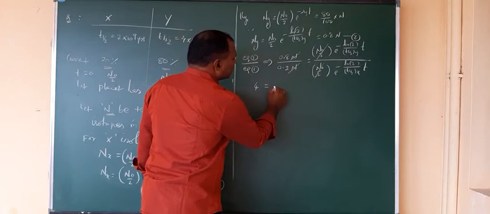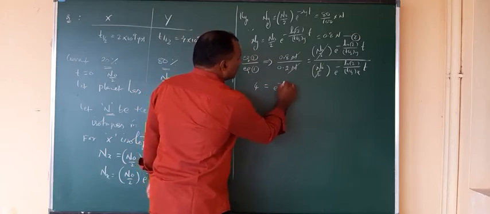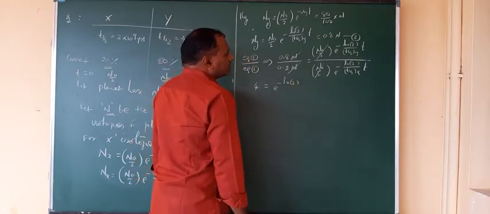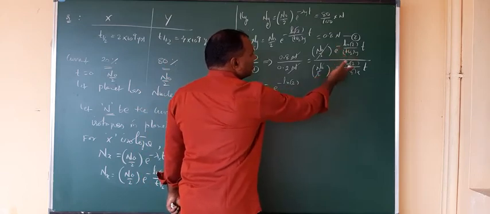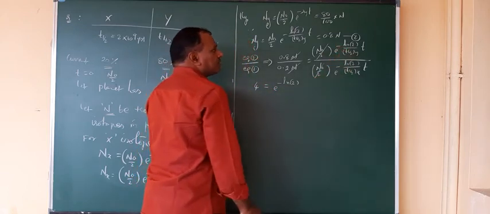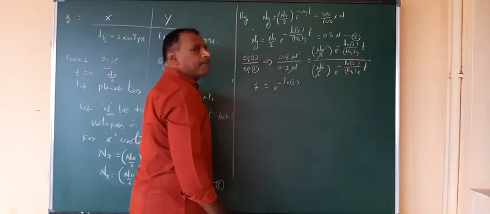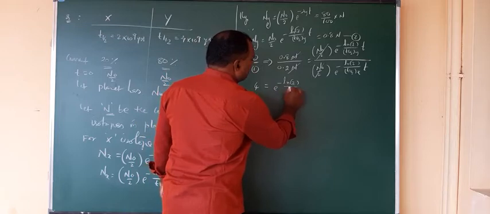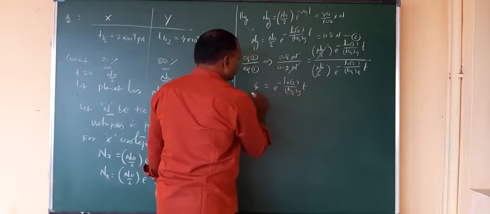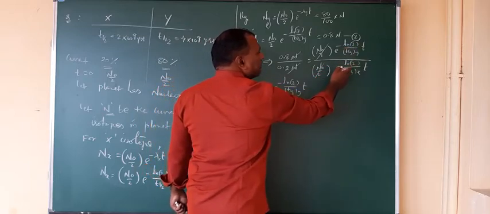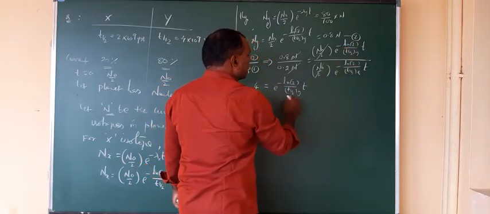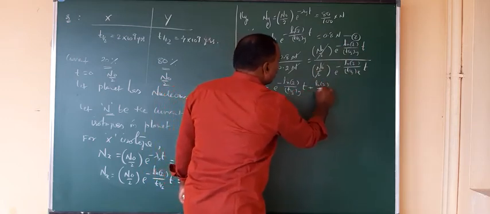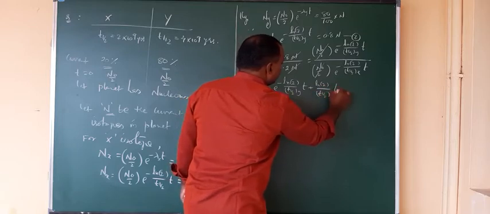Then I can write e power minus ln2 upon T half y into t, and with the powers being the same base, the exponent becomes plus ln2 upon T half x into t.